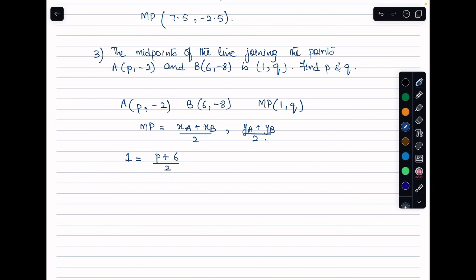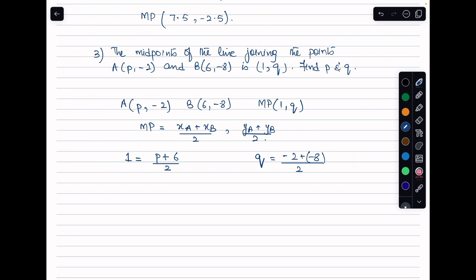In the same way, if I compare the y coordinate of the midpoint to the y coordinates of A and B, I will say Q equals negative 2 plus negative 8 divided by 2.